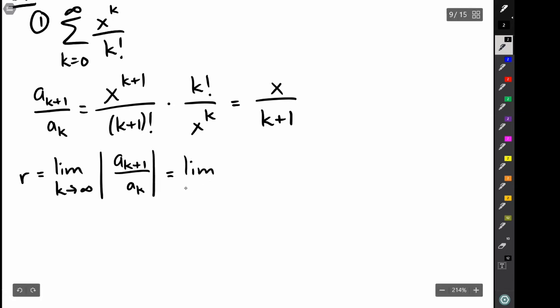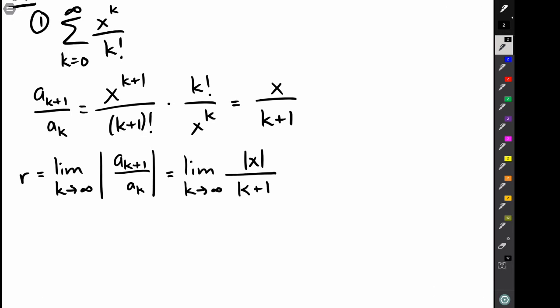Let's plug in what we get. Here, x presumably can be positive or negative, so we leave that absolute value on the x, over k plus 1. Actually, we can leave off this little r equals.